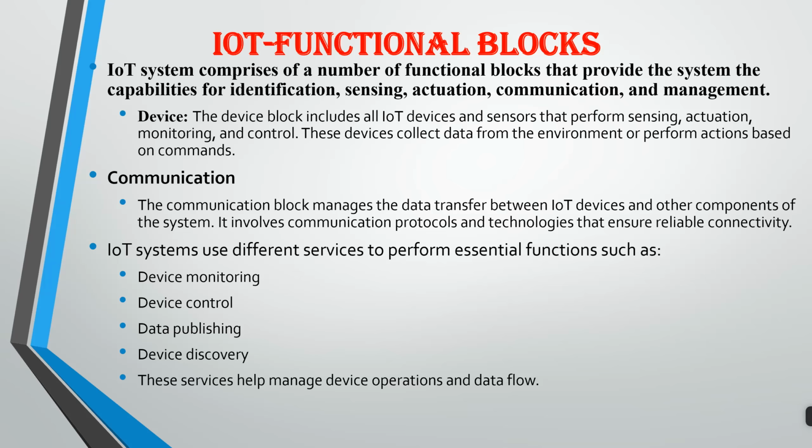Device is not a single device, it's a device block which contains the sensors for sensing. Basically, it's very important. Sensor data is raw data. For example, if I take a CCTV camera, the camera has a sensor, and when it is sensing moving objects, automatically it sends control signals to the DVR for recording.